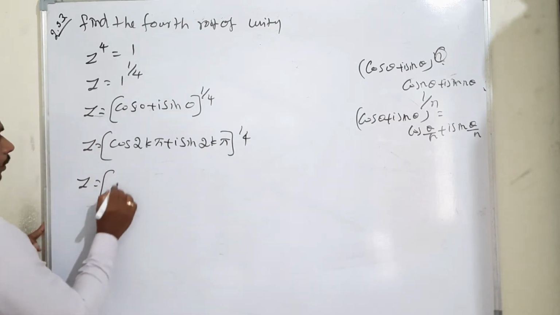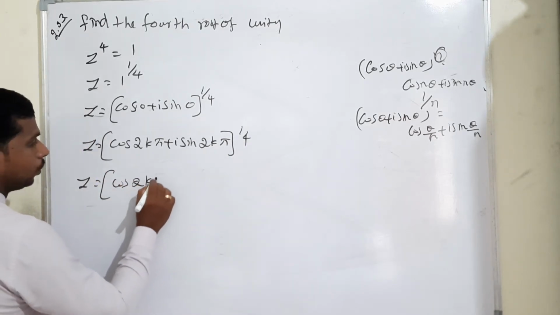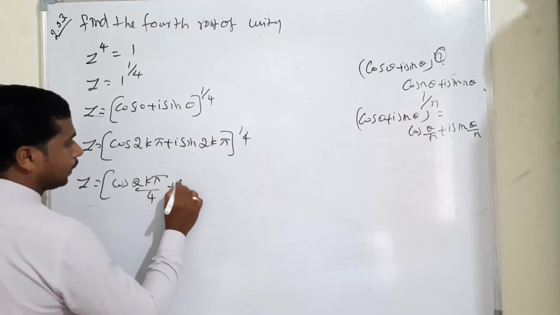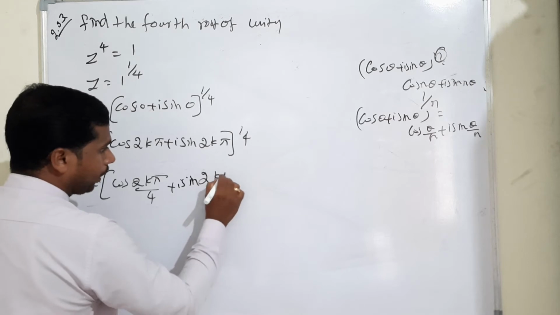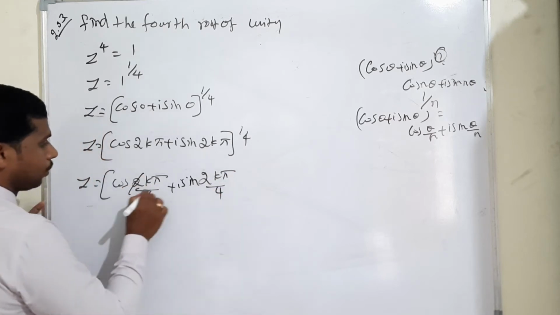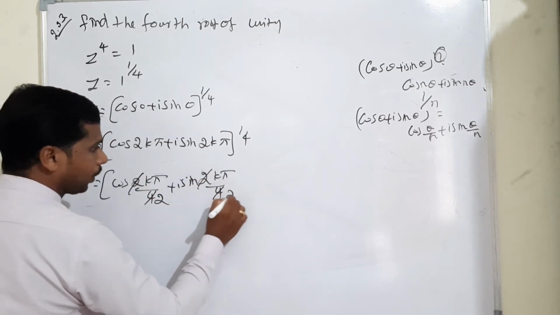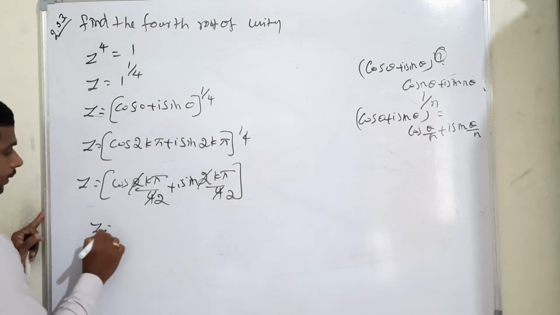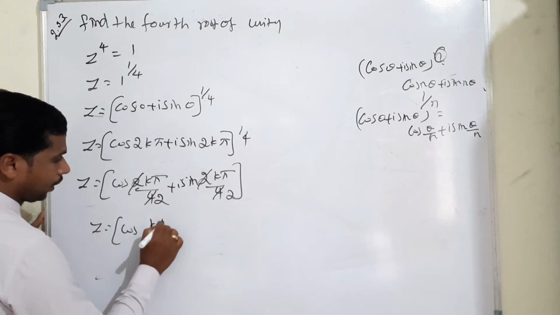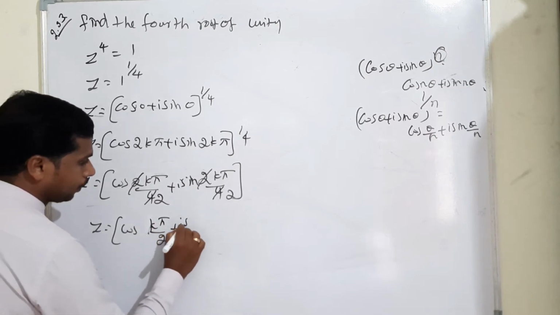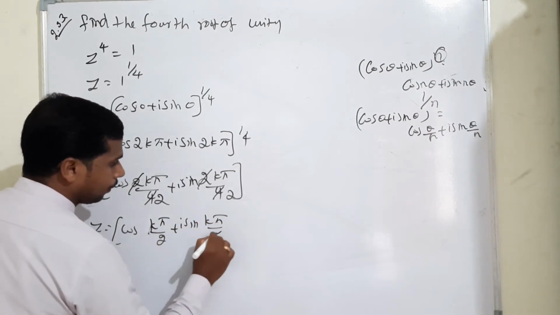Therefore Z is equal to cos 2k pi by 4 plus I sin 2k pi by 4. So 2 and 4 cancel means 2 times, isn't it? Therefore Z is equal to cos k pi by 2 plus I sin k pi by 2.